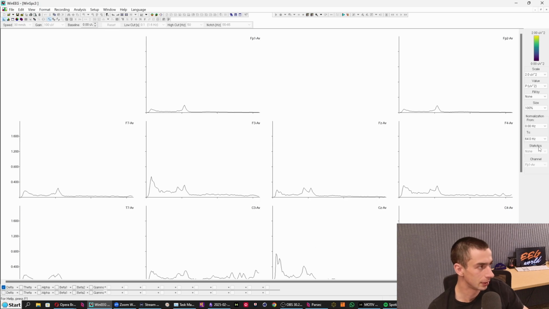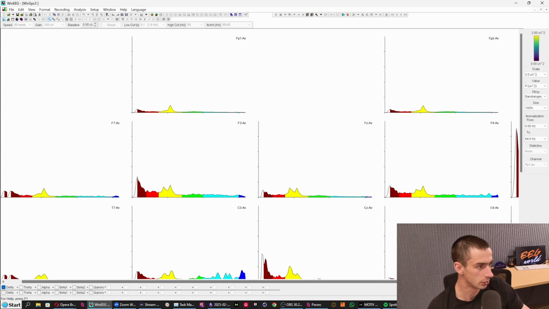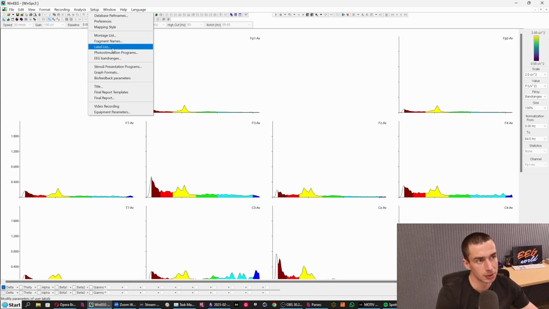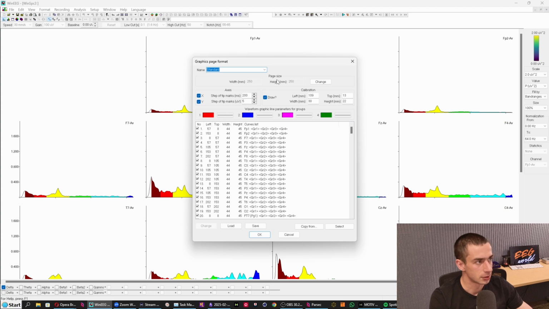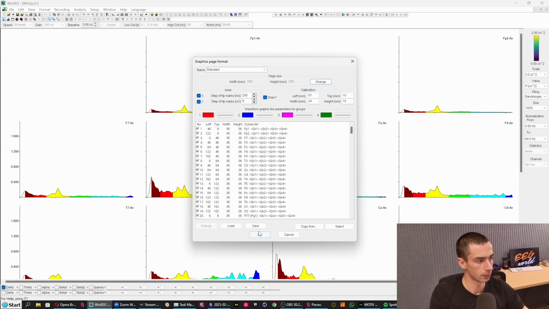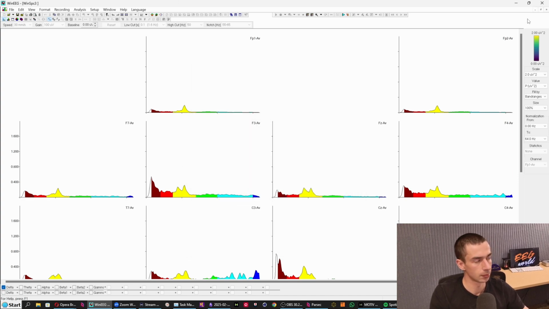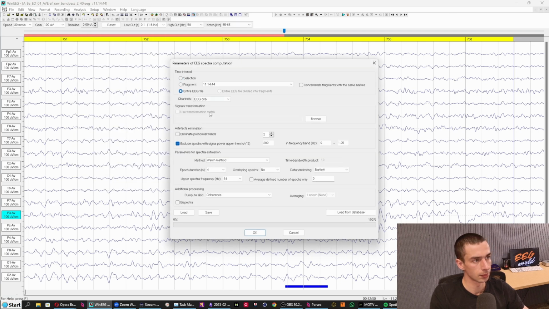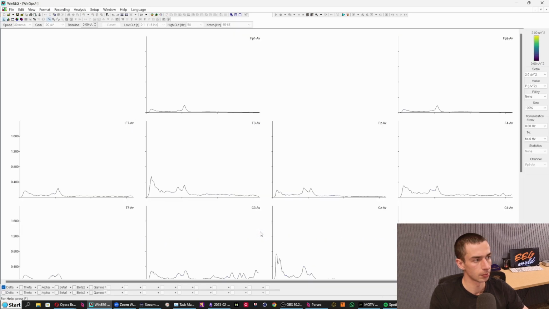And here we have our EEG spectra, the so-called QEEG. I'm going to change the scaling of this a little bit so that it's easier to see. All right, that didn't change it.